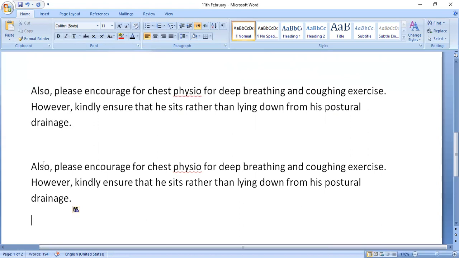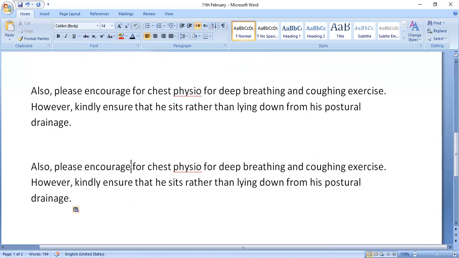Is there any mistake in the first sentence, please? Also, please encourage for chest physio, for deep breathing and coughing exercise.